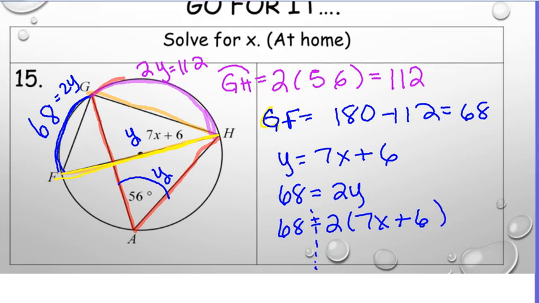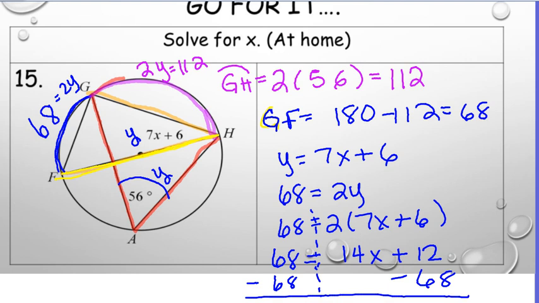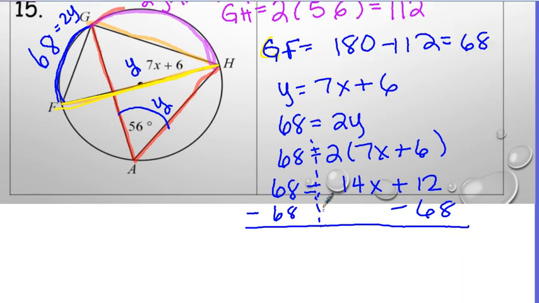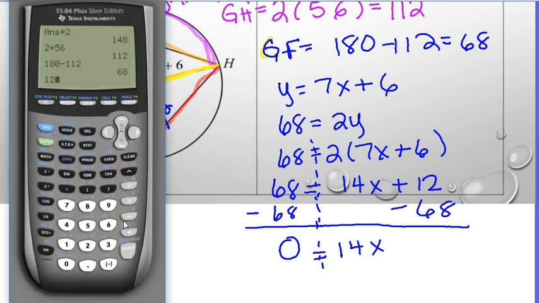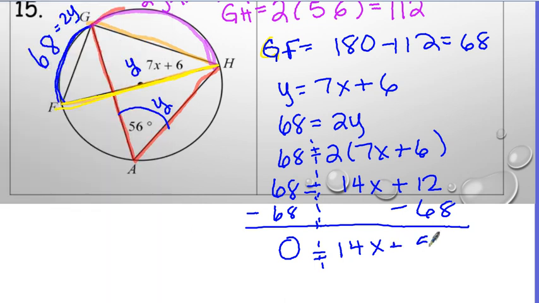Constants go on the right, and variables go on the left. So 68 equals 14x plus 12. So my constant is on the wrong side. I'm going to cross over this line, get it back on the side it belongs on. So here we get 0 is 14x, and then we're going to do 12 minus 68, which is negative 56.